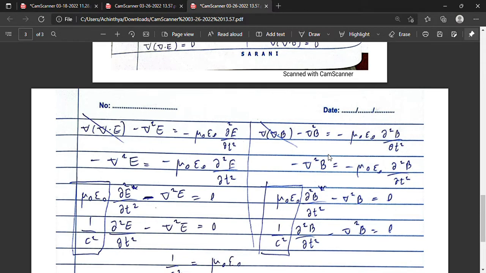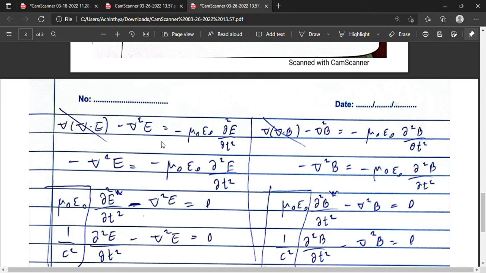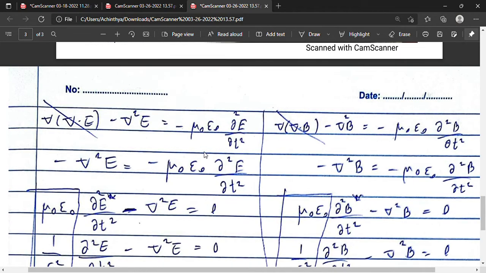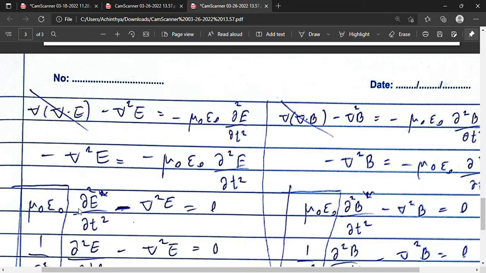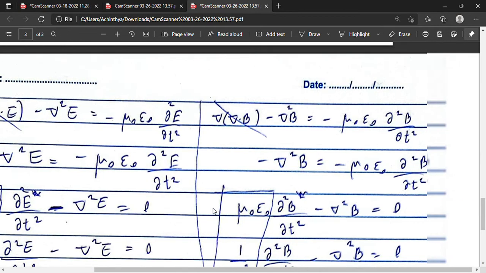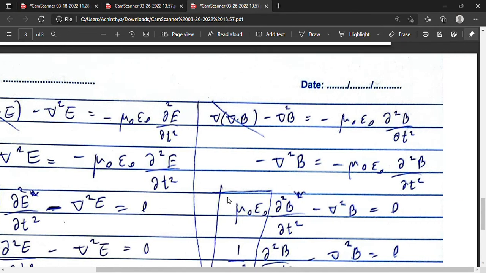We would want to cancel this minus minus, but what we will do is take the right side of the equation to this side as positive, and then we get these expressions in which mu naught epsilon naught as a product of the second derivative of the electric field with respect to time minus the vector Laplacian of the electric field is equal to 0, and the exact same analogous equation we will obtain for the magnetic field.